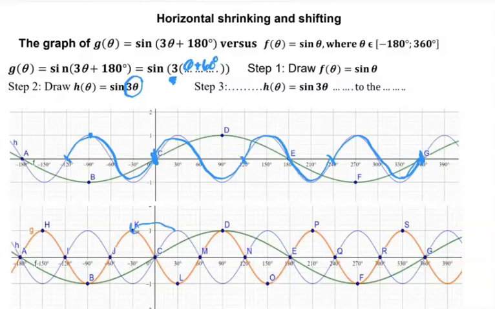And if I have D there, this value here, 150, move it 60 degrees to the left, then I get the value at D, etc. So everything that we did with the shrinking, the whole graph just shifts 60 degrees to the left.